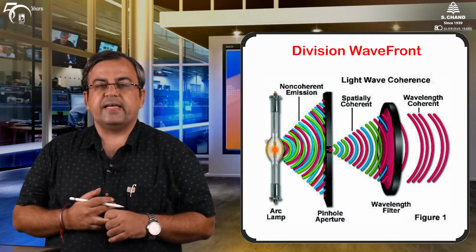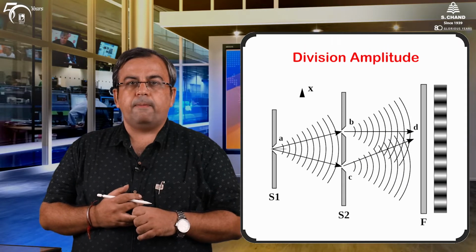So, we discussed two types of interference: one is with the division of wavefront and the second is division of amplitude, and we covered the path difference for the two rays which are coming from a single source, and how it is going to be implemented in the case of Newton rings.